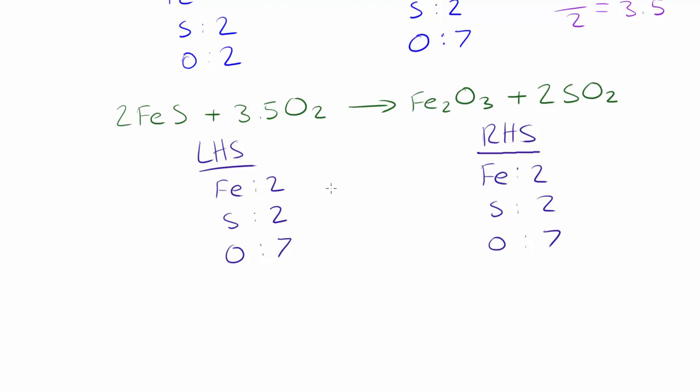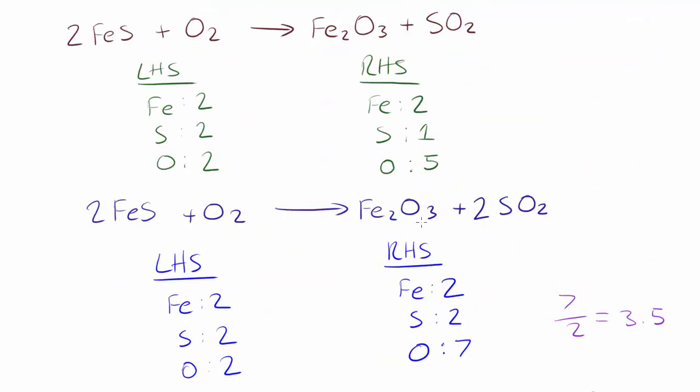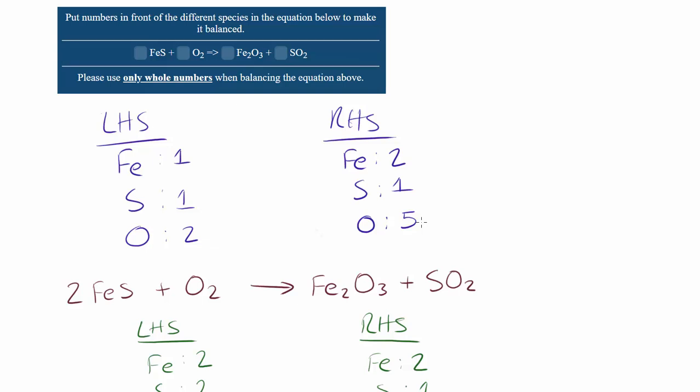So if we look now at the left hand side and the right hand side, we can see that in some sense it is balanced, right? We've got the same number of occurrences on both sides. However, we're not quite done with this question, and that's specifically because of what we've been asked to do in the question itself.